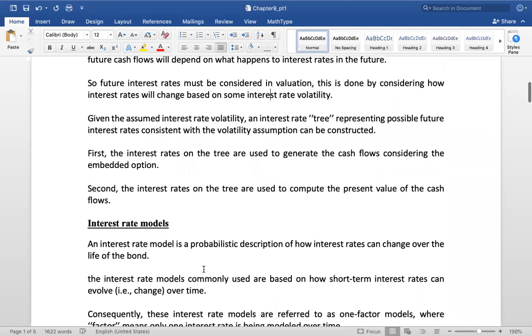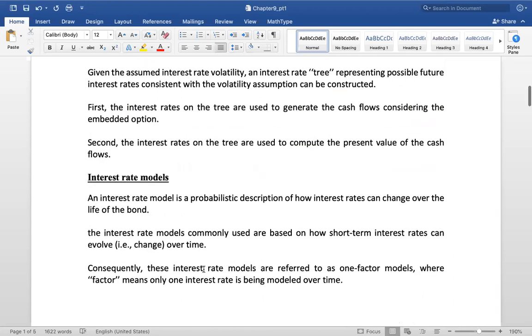Now, interest rate models. An interest rate model is a probabilistic description of how interest rates can change over the life of the bond. The interest rate models commonly used are based on how short-term interest rates can evolve over time.